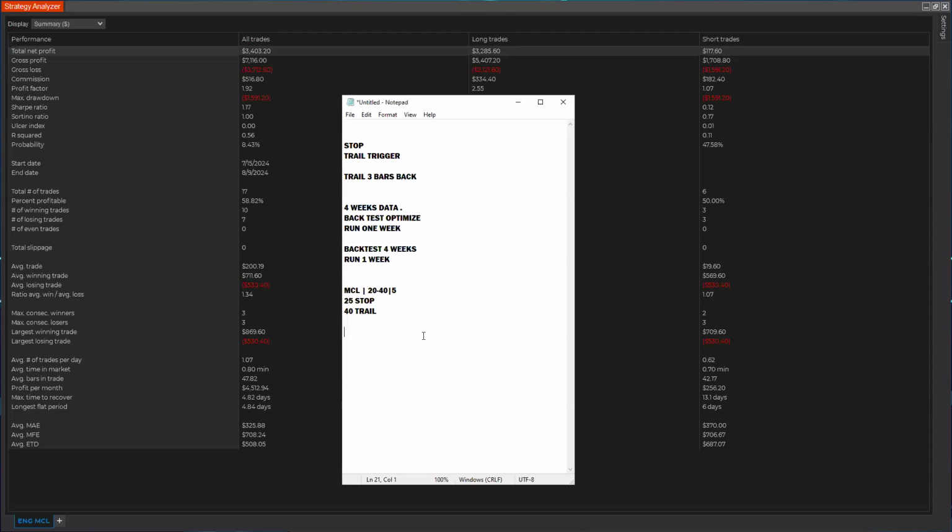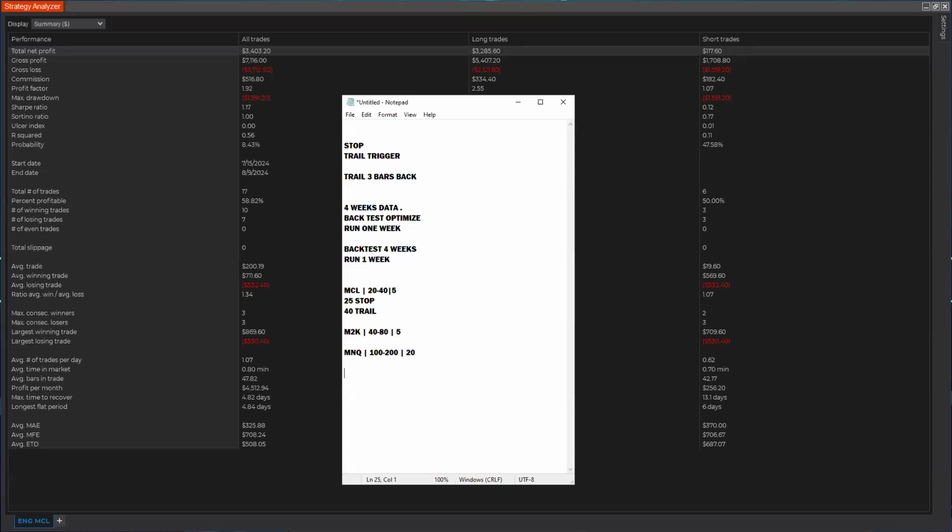Okay. Let's see. M2K. Your ranges are 40 to 80 by 5. MNQ, 100 to 200 by 20. Now, these are just suggested numbers. You don't have to go off of this.